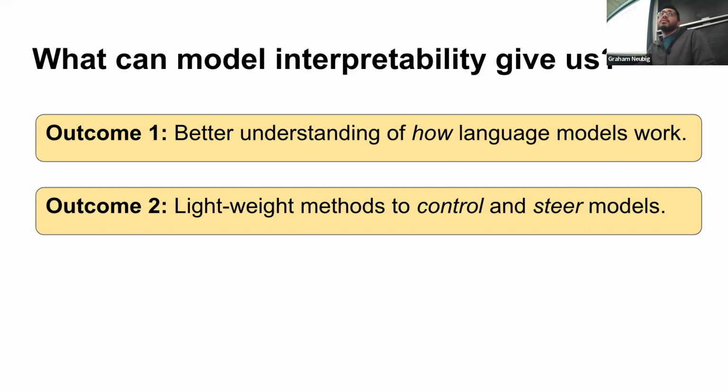As models become more and more useful and impact more users, we need better ways to control and steer them. And it's unclear how much industry will devote to these things. So it might be the role of academia to do more science in order to figure out how to control and steer these better.